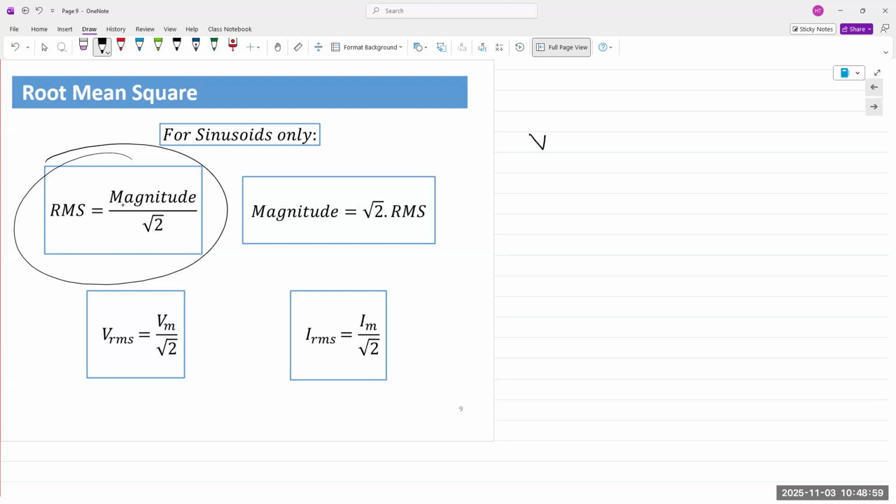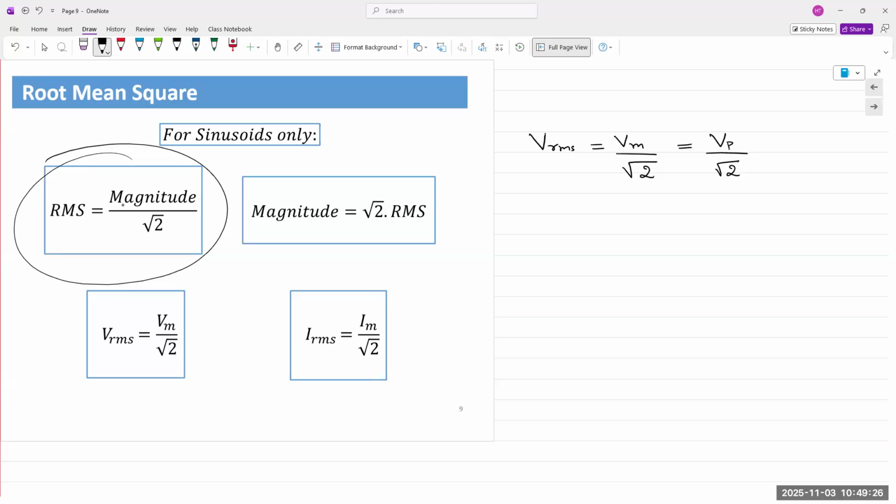So if you were to write VRMS, it would be VM over √2, or VP over √2, one single peak. That is simply the mathematical equation that relates it. That's all.